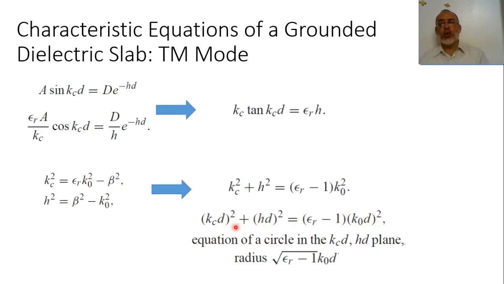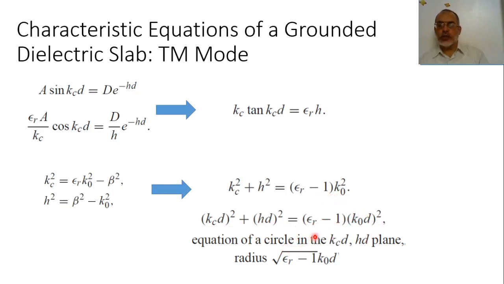Effectively, if I am talking about the plane consisting of x coordinate as Kcd and y coordinate as hd, this equation would represent a circle whose center is 0 and 0, and its radius is the square root of this value.